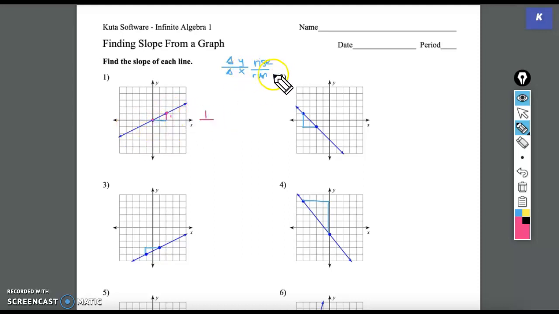Then my run, left and right. If I start at this dot, am I going to be going left to get to the next dot or right? I'm going right, and I'm going right 1, 2 dots. So that's my run, 1 over 2. That's my slope of this line. Okay, rise over run or y over x.